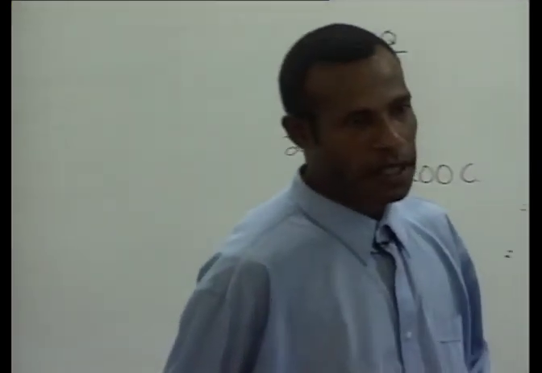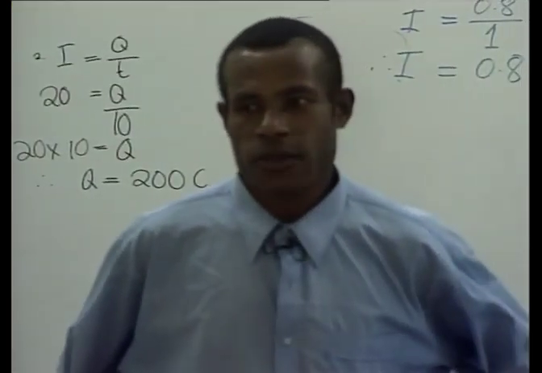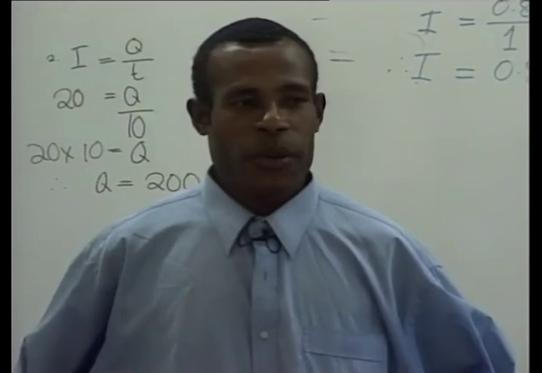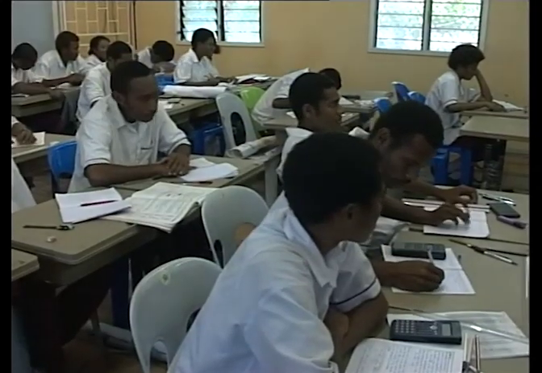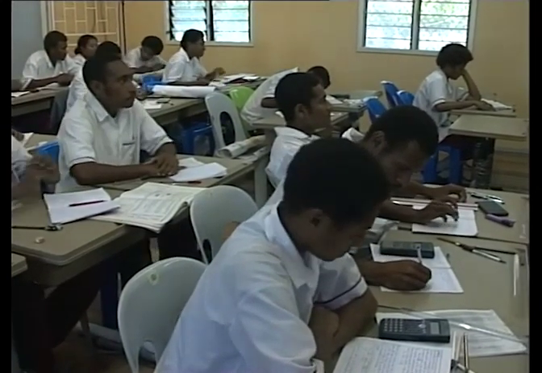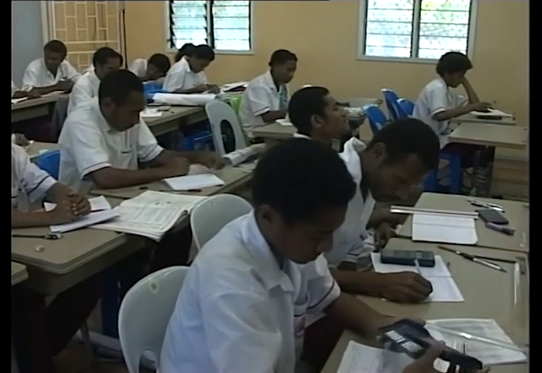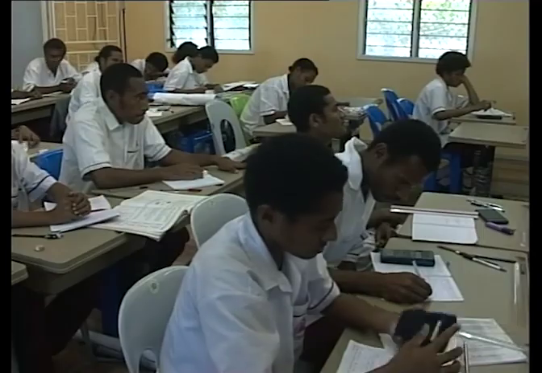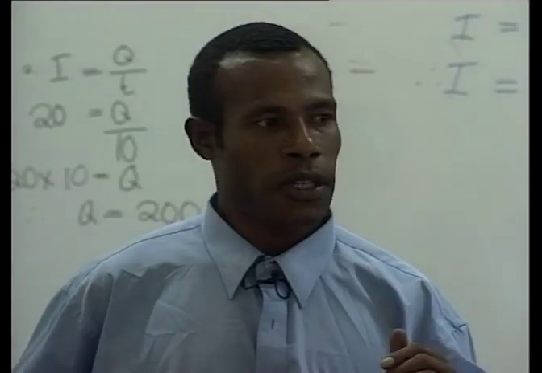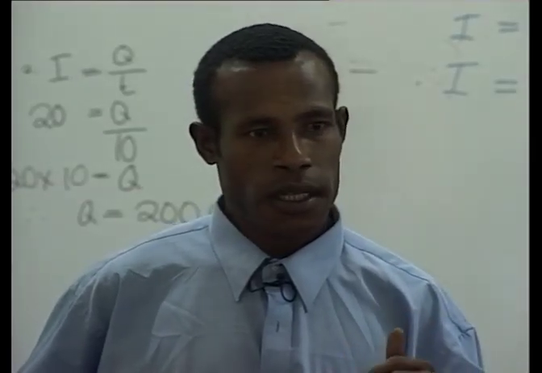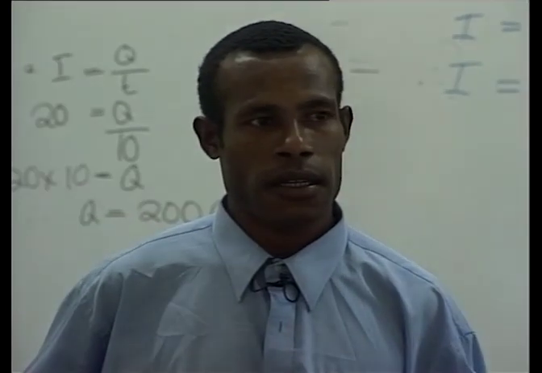All right, quickly to summarize what we went through today, and that is on charge and also the current. We know that when an ammeter gives you a reading of how much current passes through in amps, that tells you about the quantity of charge that passes a point in a circuit in a second.